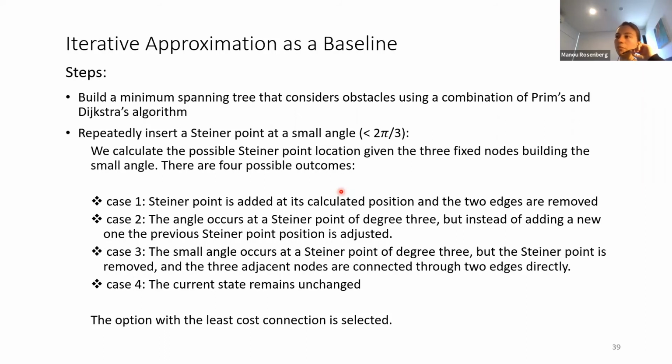We could also have that, even though we have a small angle, the current state is actually the smallest approach. Or we could have a Steiner point inserted within a soft obstacle, if that means that this interconnection line is then shorter or comes with a lower cost. So the least cost connection is selected in this iterative approach.